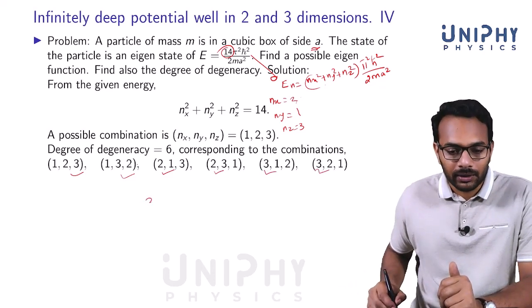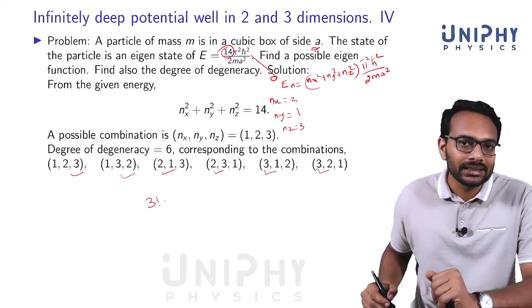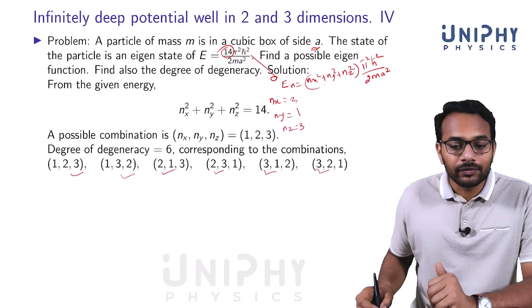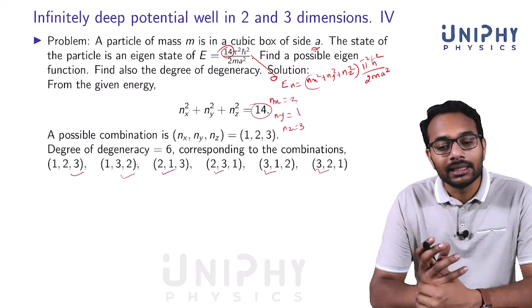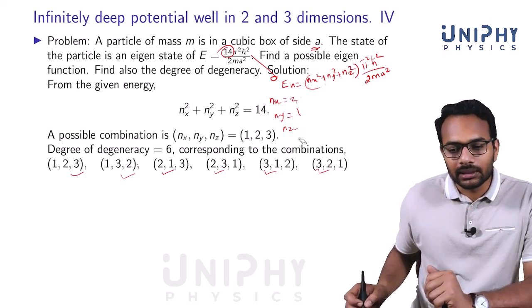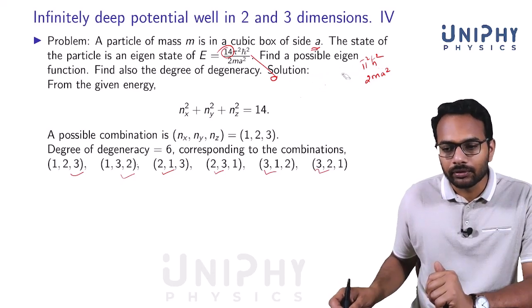So we have got 3 different numbers. You have got 3 factorial ways in which you can combine them. That's 6. So the degree of degeneracy here is 6. You have to count the number of combinations.